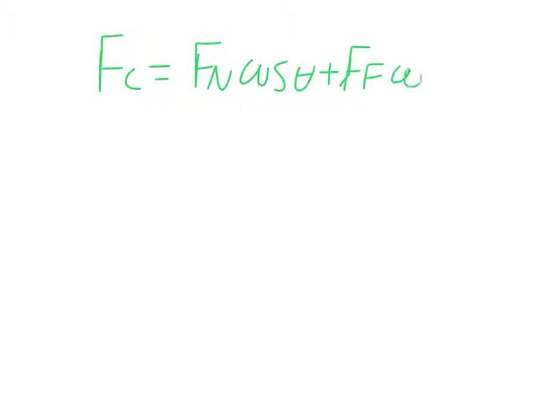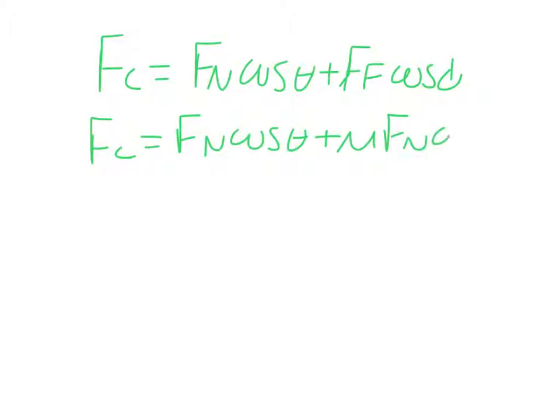Let's look at the x direction. Fc equals Fn cosine theta plus Ff cosine phi. So Fc equals Fn cosine theta plus mu Fn cosine phi. Again, skipping some steps, factoring out that n, because these are very similar steps to the last one.